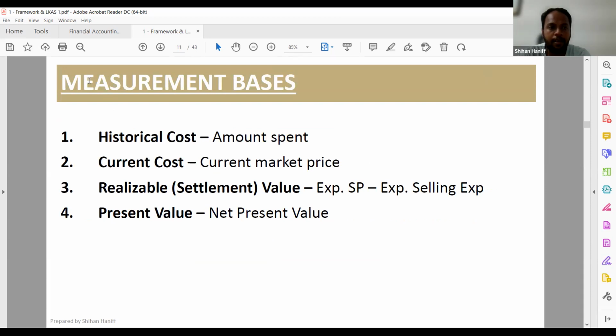So this is the last part, the measurement. How can we measure?